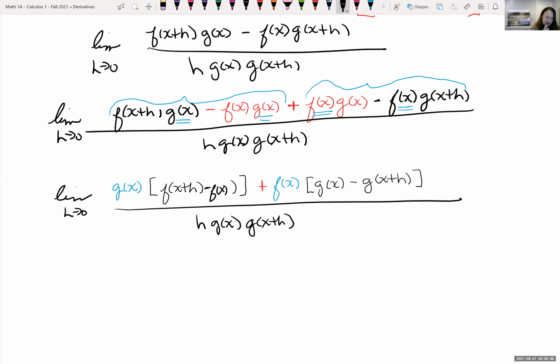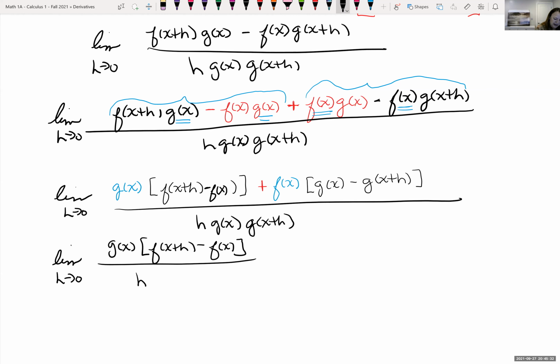So let's maybe group this. Let's look at the first piece together, g of x all times this f of x plus h minus f of x, all over our denominator, h, g of x plus h.